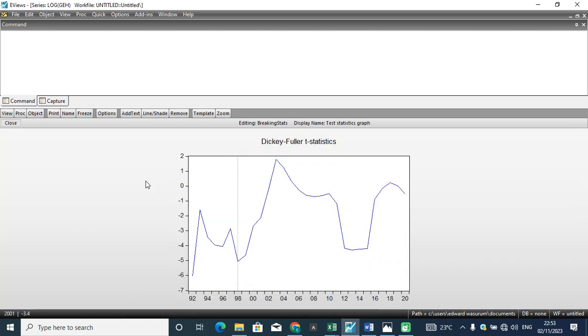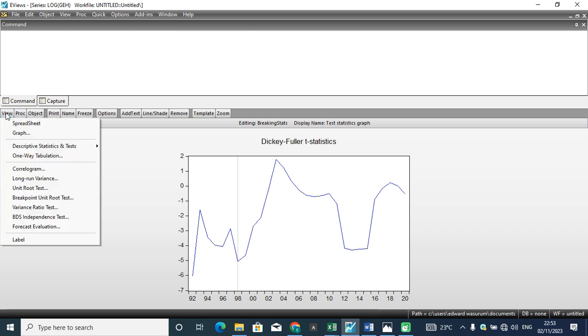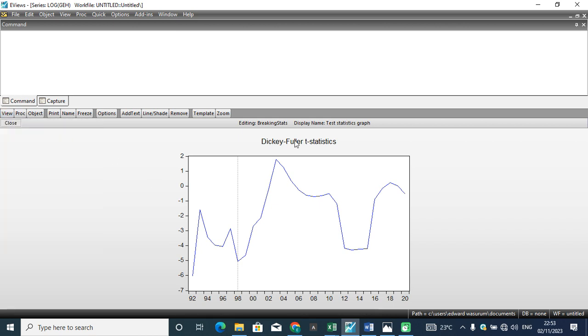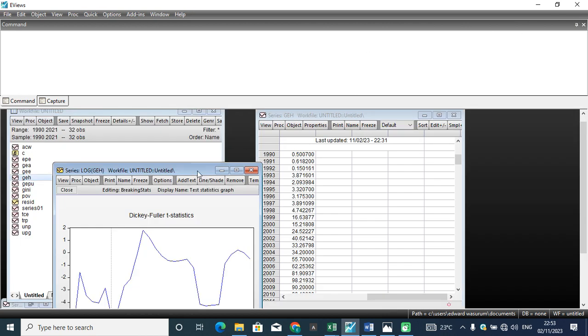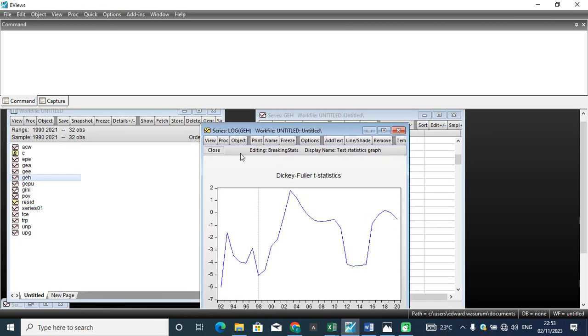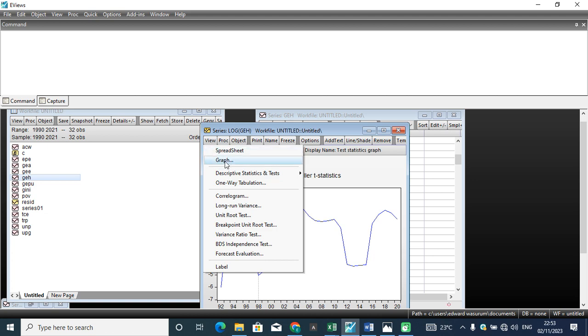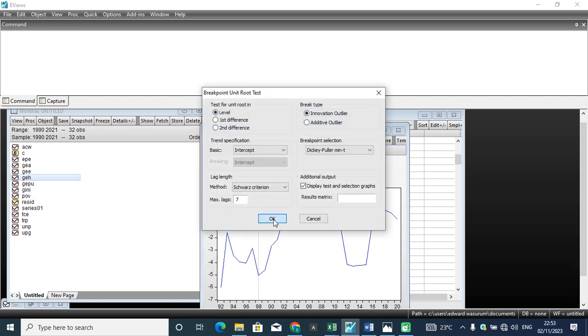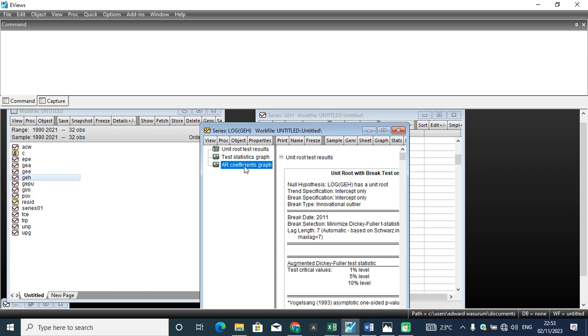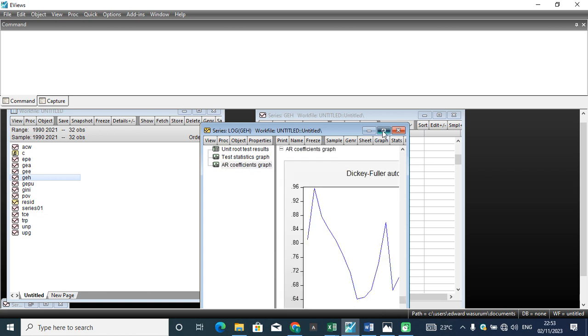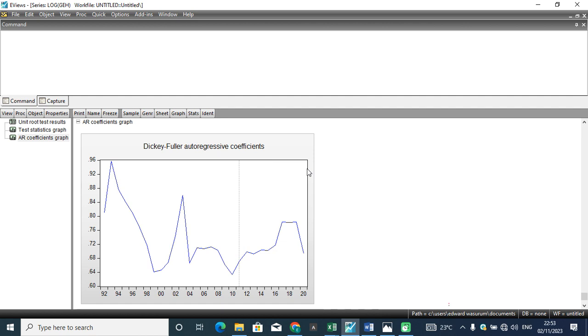We can also go further to identify the AR point. This is the AR statistics, or the AR coefficient, which is also called the Dickey-Fuller autoregressive coefficient.